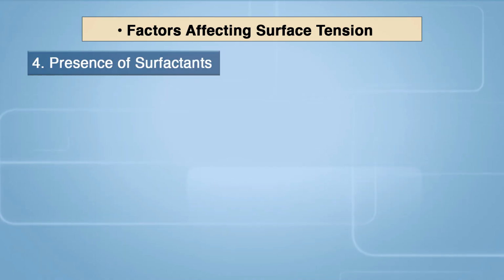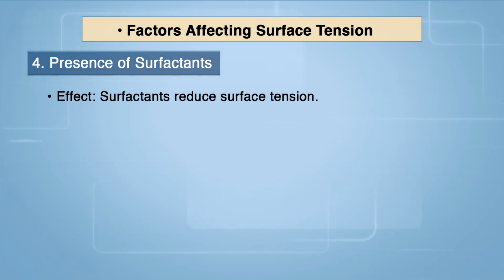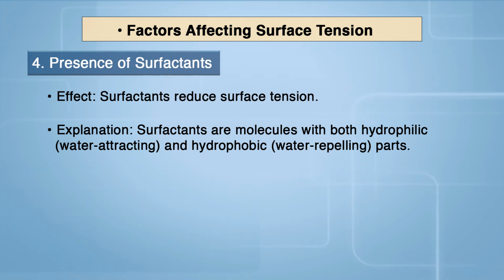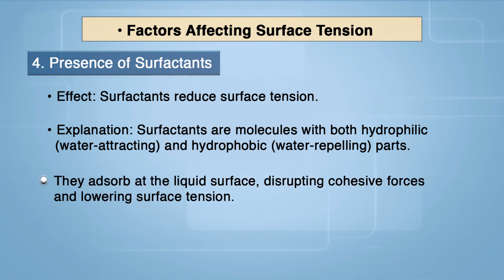Next, presence of surfactants. Surfactants reduce surface tension. Surfactants are molecules with both hydrophilic, that is water attracting, and hydrophobic, that is water repelling parts. They adsorb at the liquid surface, disrupting cohesive forces and lowering surface tension.